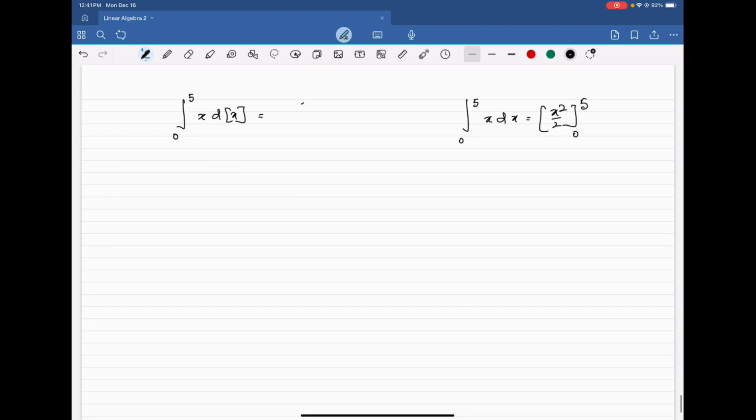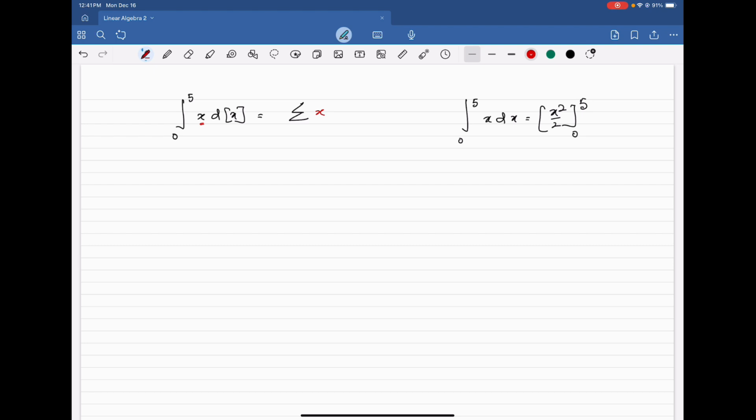Then it will be a sum of a series of x, whatever function x you say. Here it is x. Sum of a series of the function x such that the values change as per the smallest integer function.